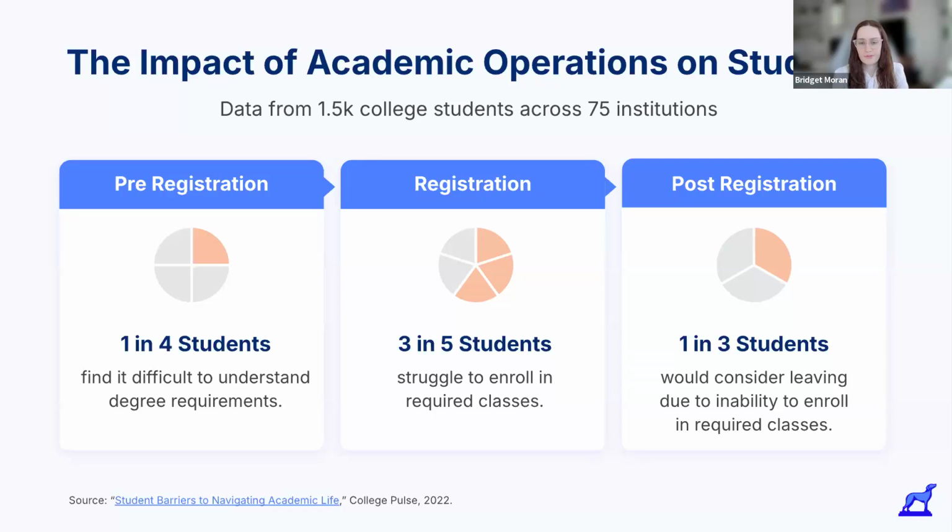So I think it's even more interesting, though, when you start to look at the course scheduling piece of this. We really heard from students that this is an area where they are frequently struggling. So 60% of students that we surveyed reported that they struggle to get into those classes that they need to meet requirements.